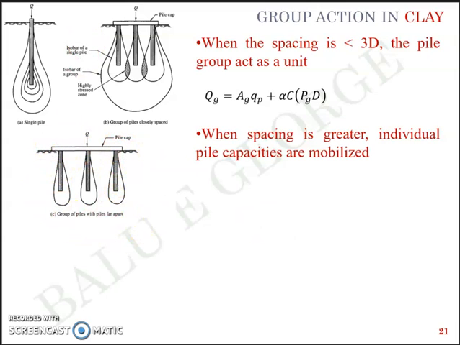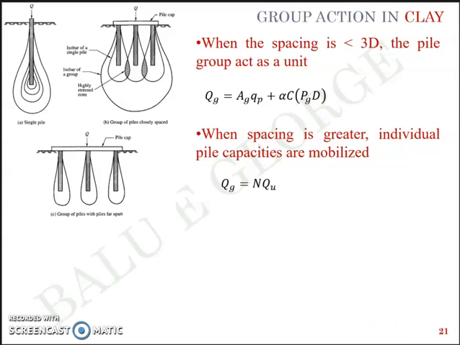So when the spacing is greater than 3D, the individual pile capacities would be mobilized. So Qg is equal to N multiplied by Qu, which means individual capacities have to be summed up. Whereas in this case, you can't sum up the individual capacities because there's a stress zone, an overlapping zone here. So you can't take the sum to arrive at the group capacity.